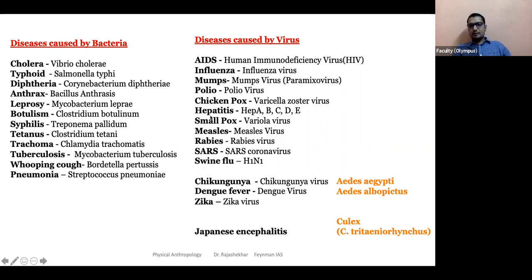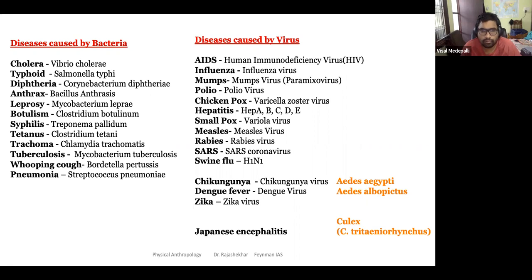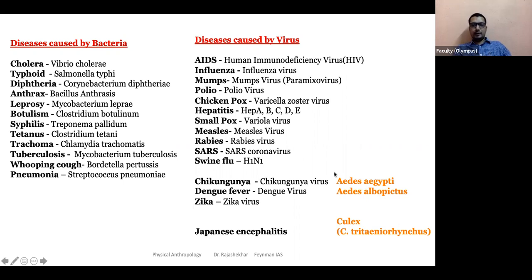Okay, and rabies is a zoonotic disease, coming from animals like dogs to us, right? And this category of diseases like chikungunya, dengue, Zika: what is common to them? How do they spread? Vector-borne. Vector-borne, mosquito-borne diseases. And indeed, they are transmitted by the same category of mosquitoes, Aedes mosquitoes, A-E-D-E-S.